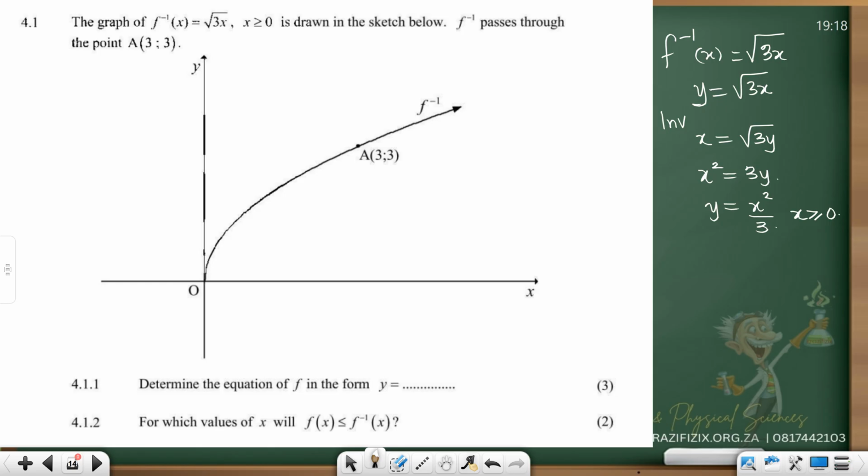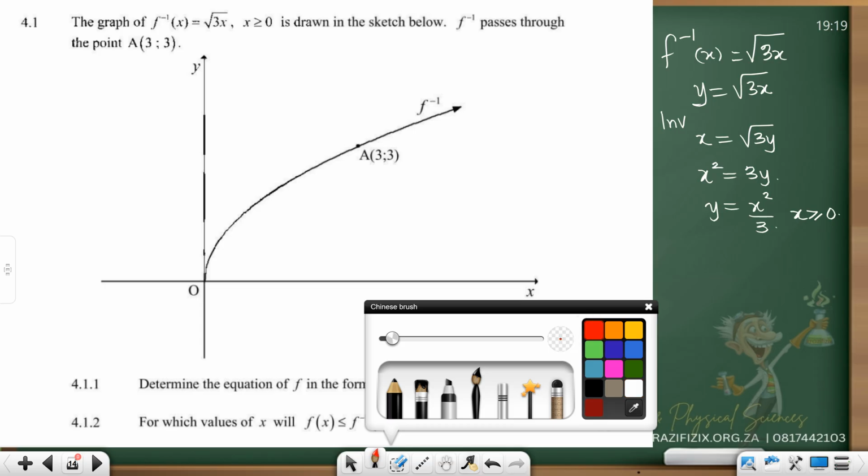All right. For which values of x will f of... Now, guys, please look at this thing. The easiest thing to do, I would say, sketch. Can you sketch the inverse of this function? Can I do it algebraically? What is my f of x? f of x is x squared over 3.